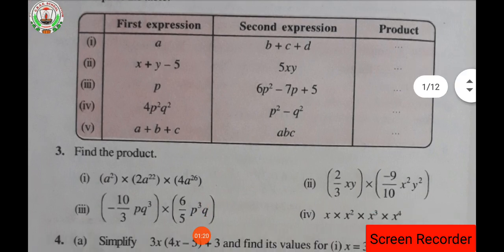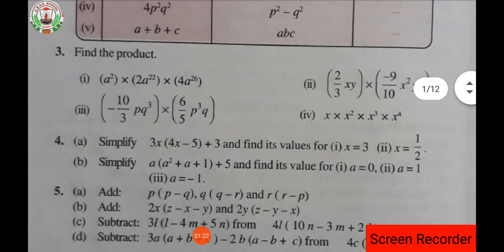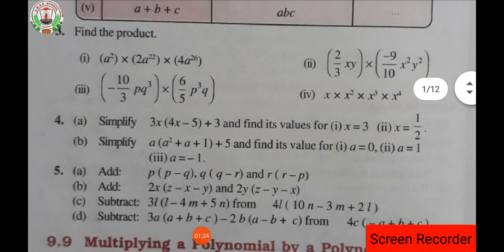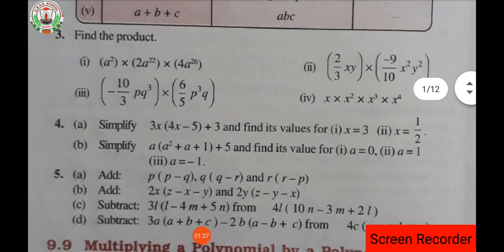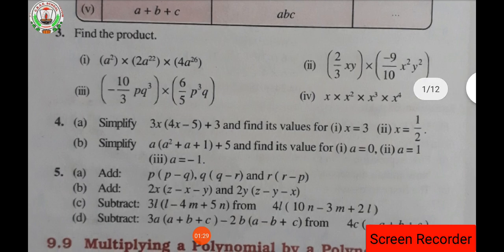Okay, next question number 3. Question number 3 is find the product. Product means you have to multiply the numbers as well as the variables. Next, the fourth question is simplify. This kind of question we have already done in class 7th. Simplify means 3x will be multiplied with 4x minus 5.